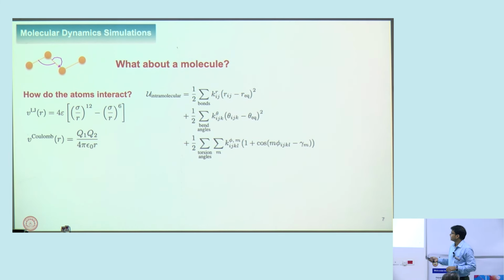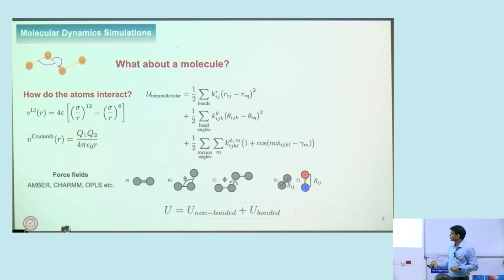Okay. So then now we have this non-bonded interaction. That means there were no bonds, and we have bonded, or we call it intramolecular, within a molecule. You combine them, you get your total potential. So this is potential energy, which is non-bonded, these two, and bonded is the total potential energy.